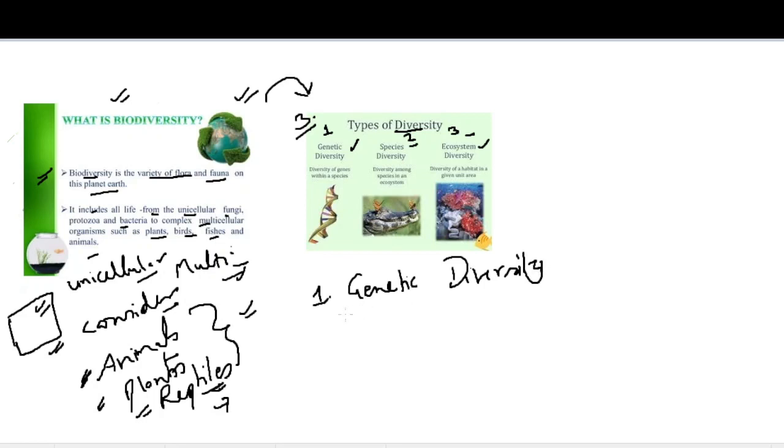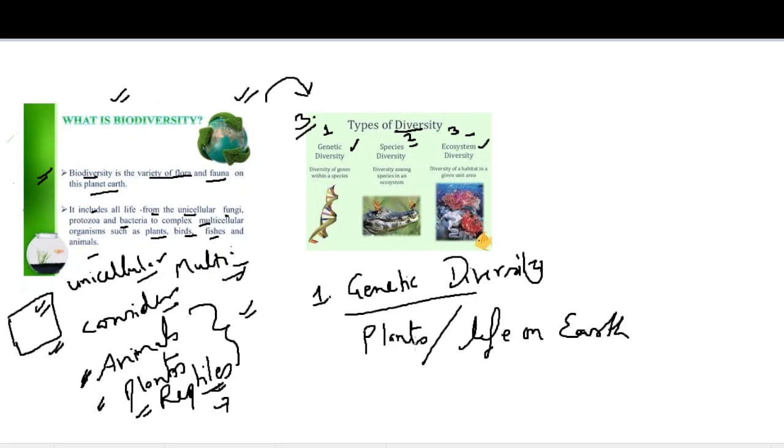Genetic diversity is diversity at the level of genes. You already know that all plants, or any life form on Earth, is made of genes. These genes are coded inside the DNA, which is a double helical structure.